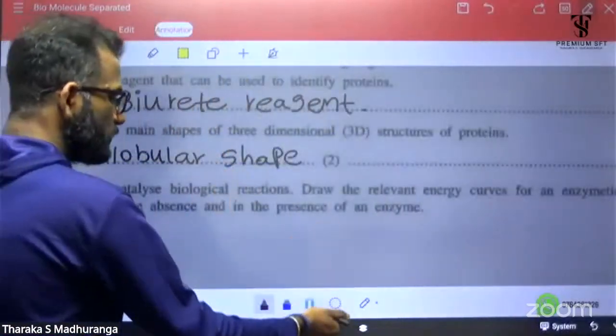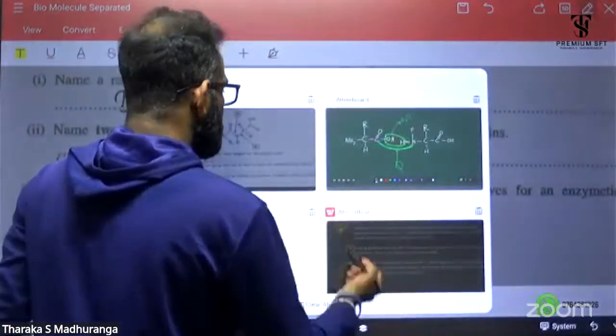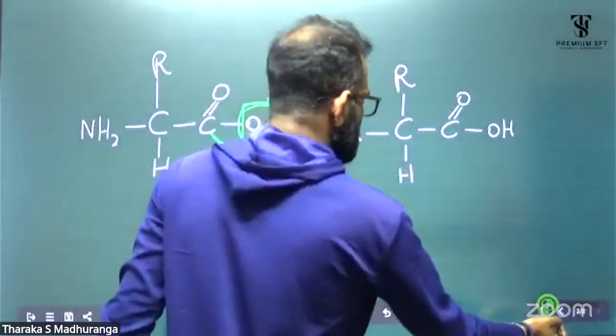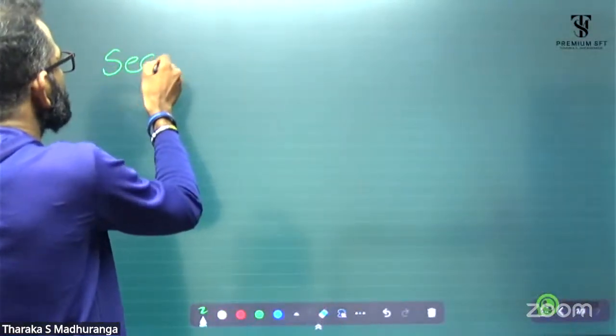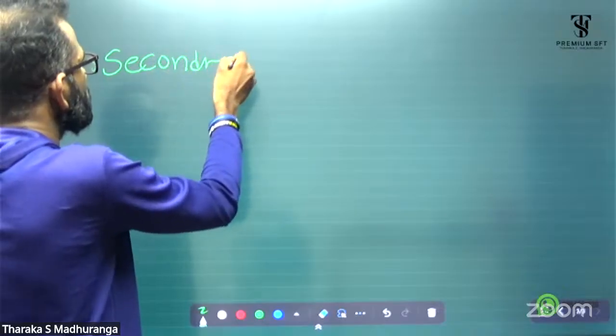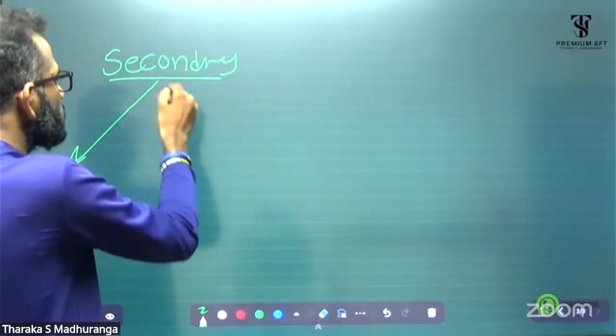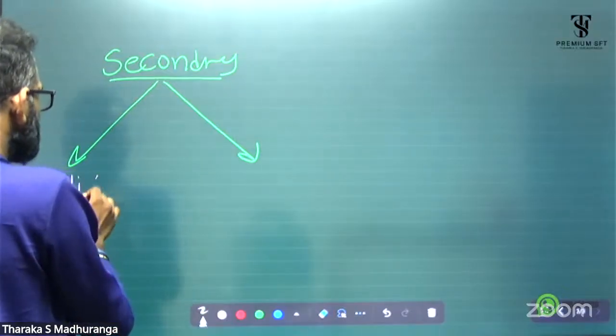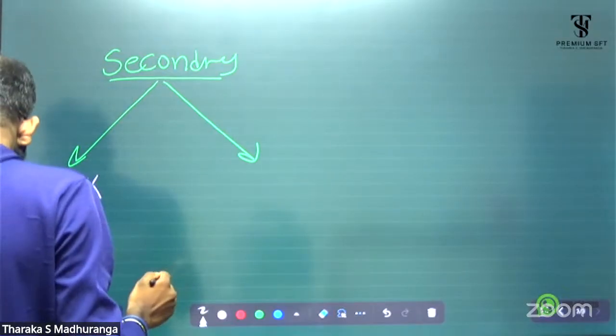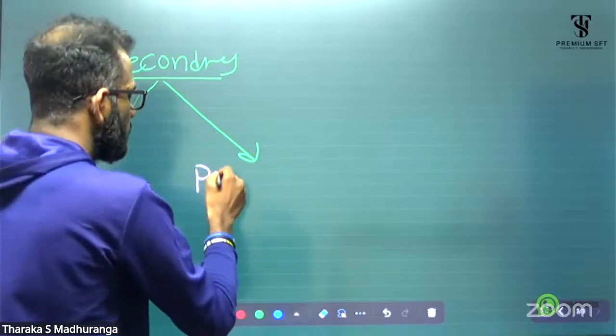See, they are exam key points. In the secondary structure there are mainly two shapes, the helix and pleated sheets.